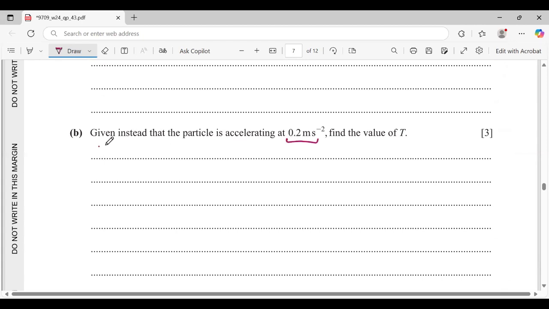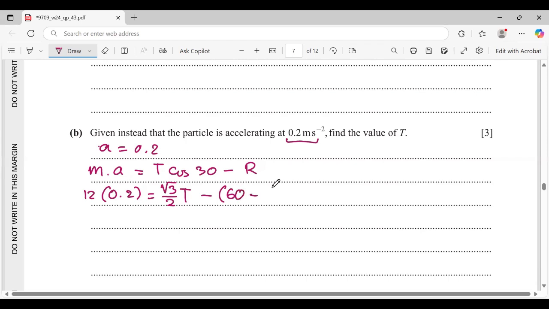So according to this information that a equals 0.2, we're going to use the previous equation from part A, m times a equals t cosine 30 minus R. So m is 12 and a is 0.2 times square root 3 half t, because this is cosine 30, minus 60 minus 1 quarter t.